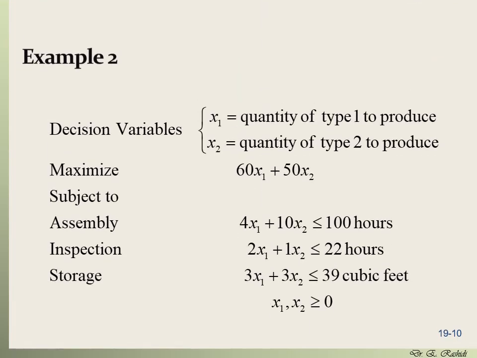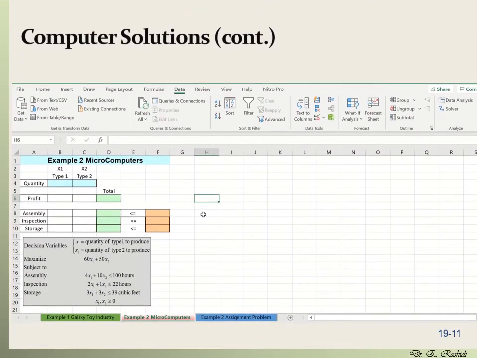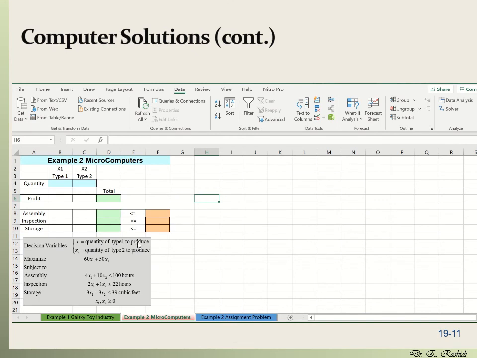Let's now solve example 2 that we modeled before. You can see the model here using Excel Solver. So here I have set up the setting for the second example, the microcomputers here. Here's the model. We need to put the model in Excel so that Excel can solve it.